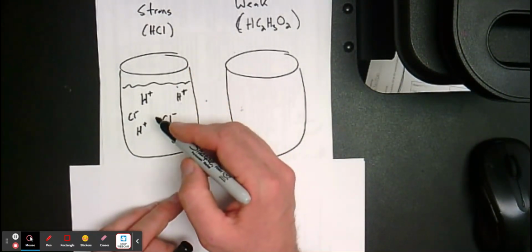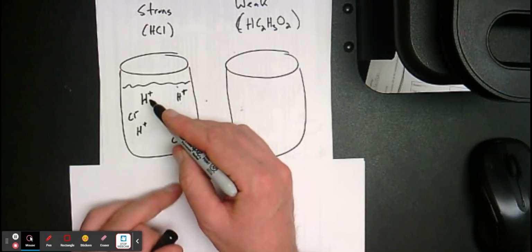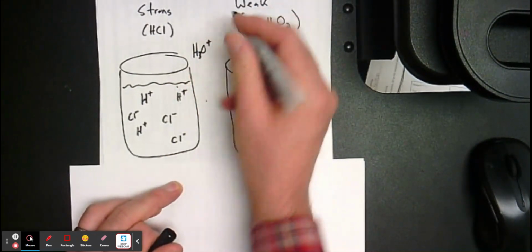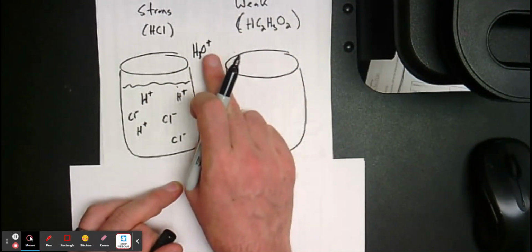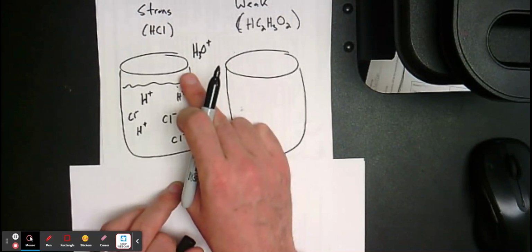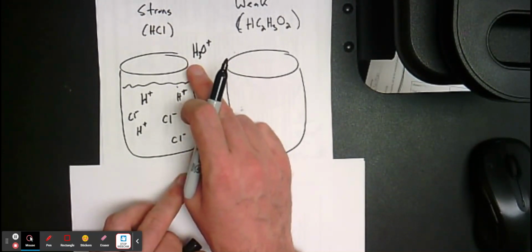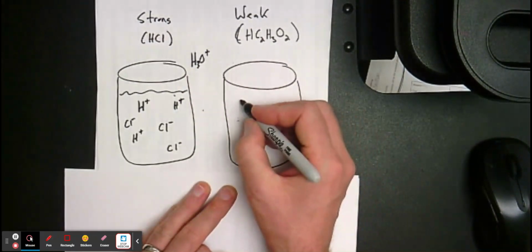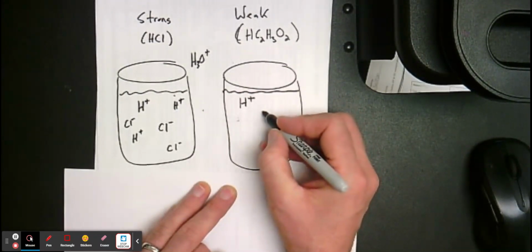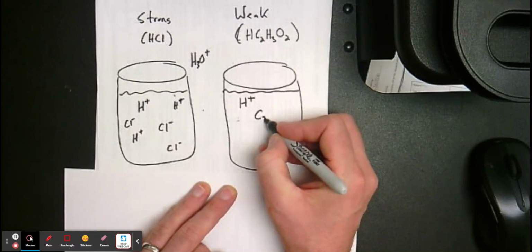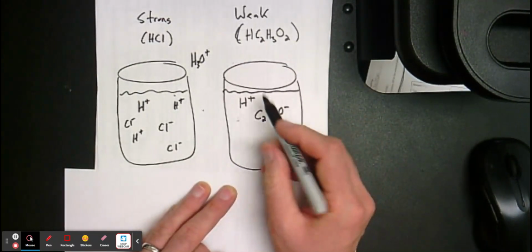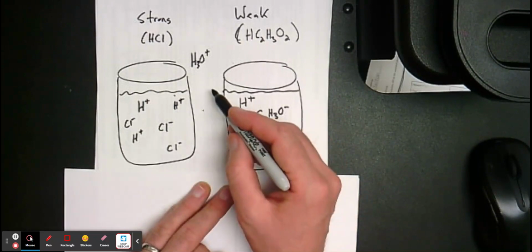It's always going to dissociate. It's going to make H plus or H3O plus. It's probably going to combine with water to make that, rather than just have a proton floating around. So it's going to completely do that, whereas the weak acid will partially make its conjugate base and the hydronium.